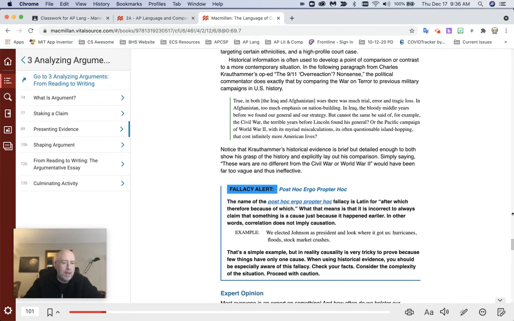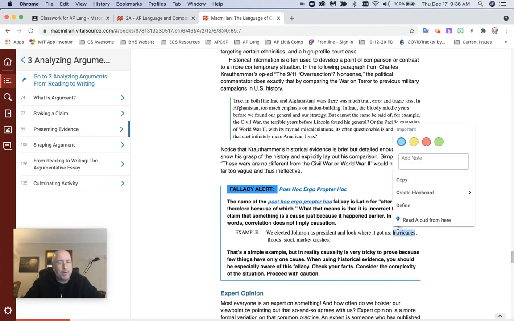And this is a great one. We elected Johnson as president, and look where it got us. Hurricanes, floods, stock market crashes. So we elected President Johnson, and we got a stock market crash and floods. I don't know that you can blame the president for the stock market crash, although politicians try to do this all the time. You certainly can't blame a politician for a hurricane. That's a little bit of a rough case to make.